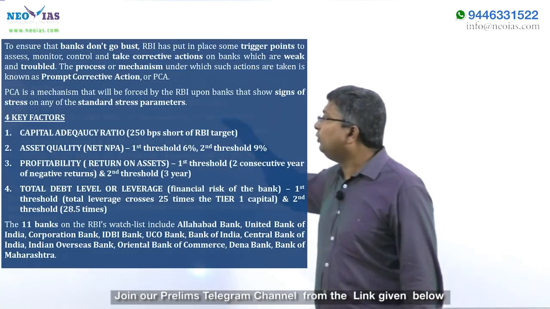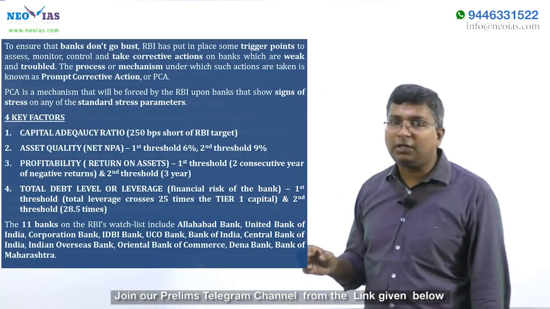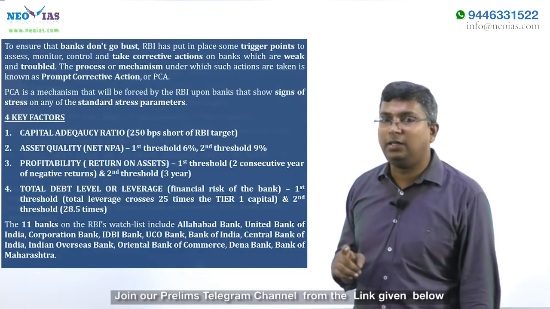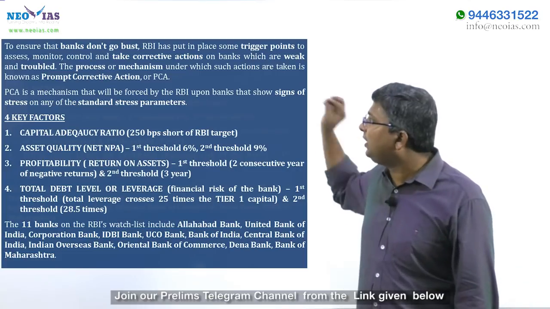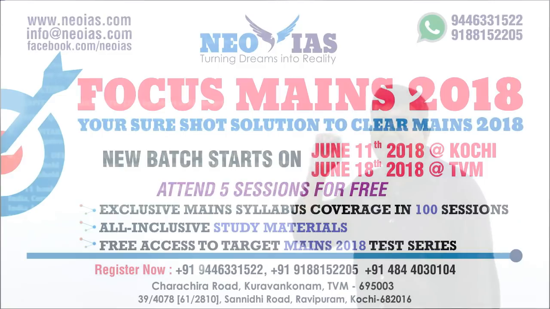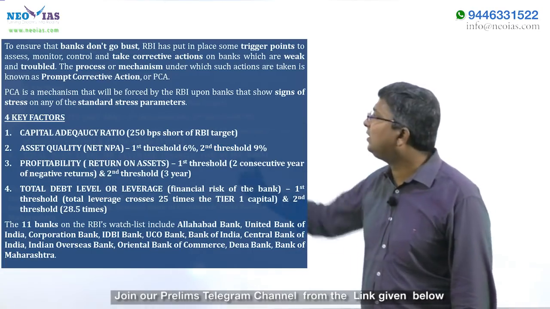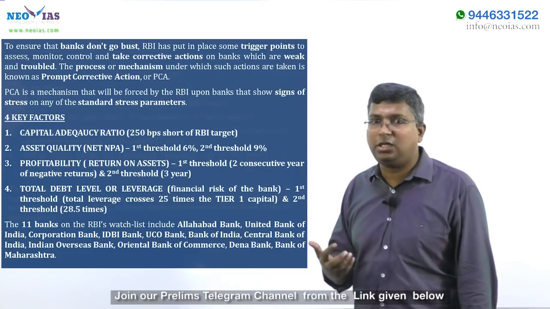Now, there are four key indicators, or key factors, which will be considered by RBI to trigger these corrective actions. The first important factor which RBI will look into is the bank's capital adequacy ratio, also called the capital to risk weighted asset ratio. Please revise the concept of capital adequacy ratio.